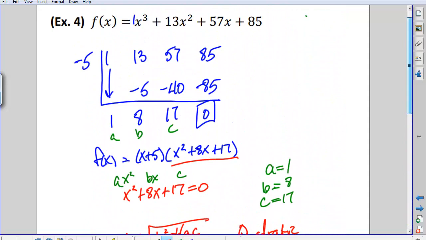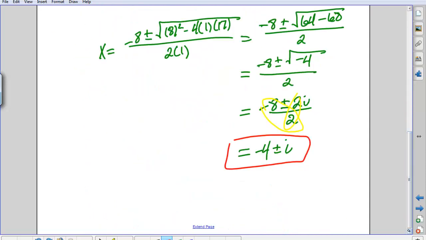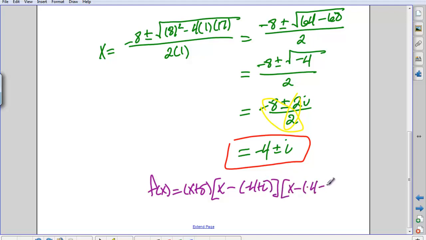So let's go all the way back up here. It was x plus 5 and then I've got x minus negative 4 plus i and x minus negative 4 minus i.